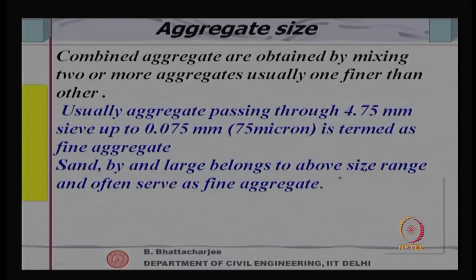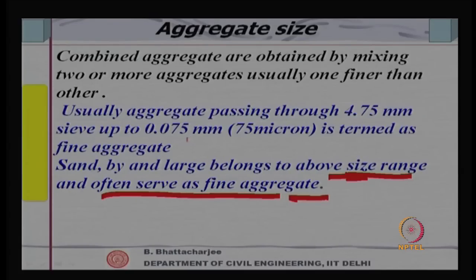Sand by and large belongs to the above size range. Natural sand that is available belongs to this size, and it often serves as fine aggregate. Natural sand belongs to the size greater than 0.075 millimeter up to 4.75 mm, and it serves as fine aggregate.